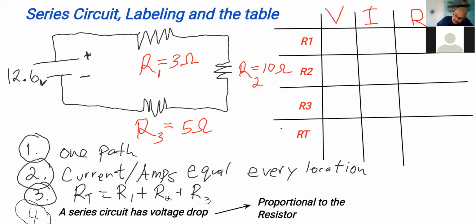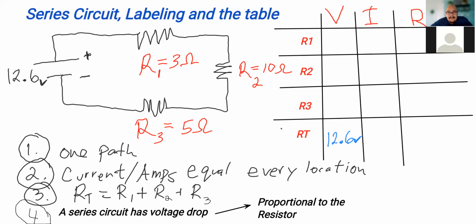I'm going to pick blue. I'm going to put 12.6 volts. It's always important to label things, okay? Volts with the little V, ohms with the omega, or looks kind of like a horseshoe, and amps with the letter A. Okay, so try to label everything.